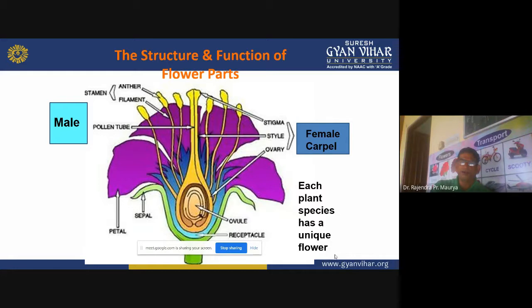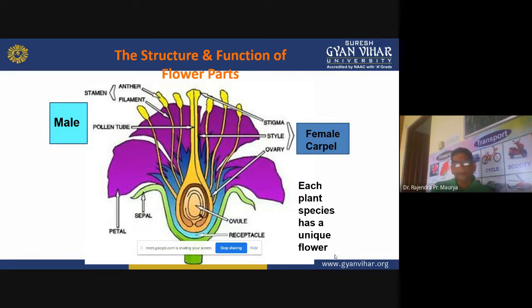For example, if male flowers and female flowers are both present on the same plant but at two different locations, then they are also known as unisexual flowers. Or if male flowers and female flowers are present on two separate individuals, they are also known as unisexual flowers. So now you can ask me what the basic difference is.